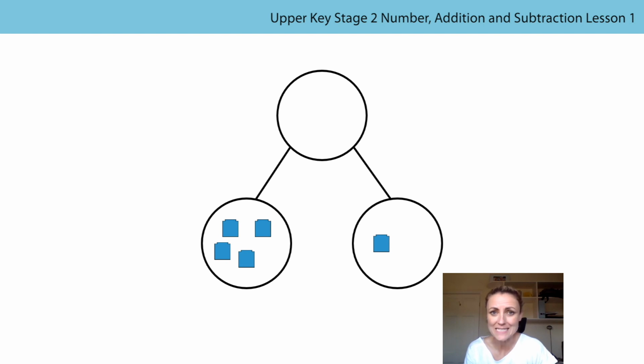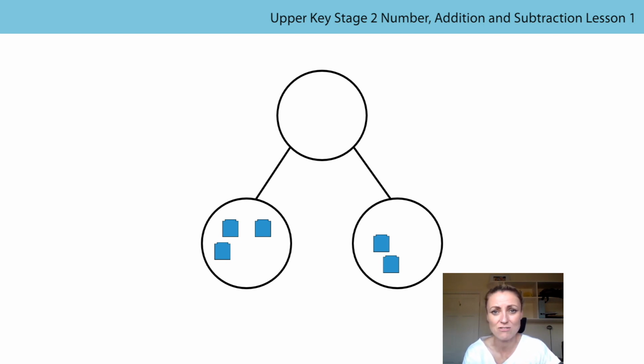Now I want to redistribute those addends, but I still want to conserve that sum of 5. So watch what's going to happen now from the left part of the diagram to the right. I have redistributed those addends. So now 1 from the left, I have decreased that by 1, and it moved over to the right.